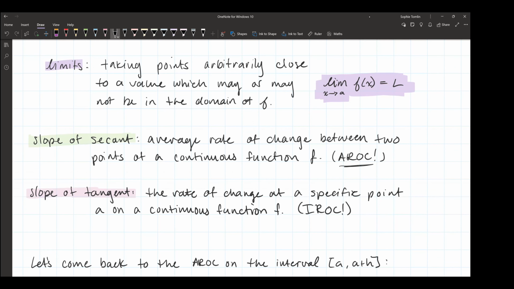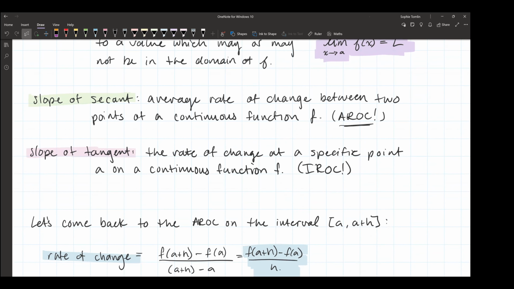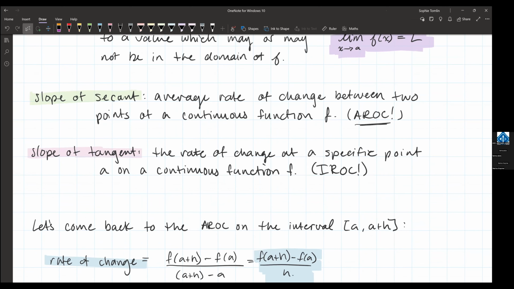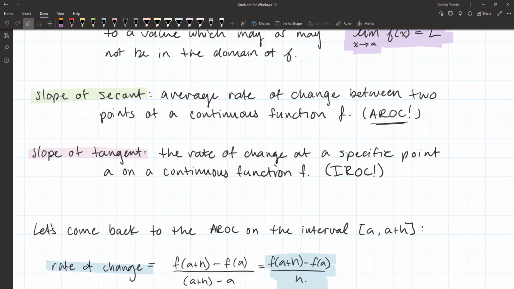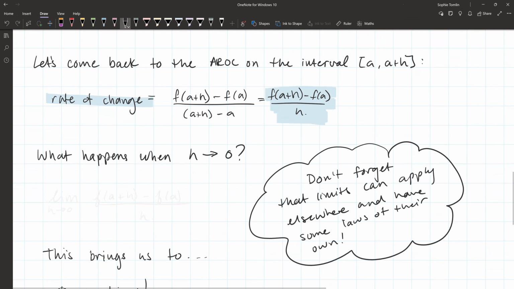You might also have heard it called the average rate of change. Now we bring in this new idea, which is the slope of a tangent, which is the rate of change at a specific point on a continuous function, or the instantaneous rate of change. So we're going to quickly come back to this idea of the average rate of change on an interval.